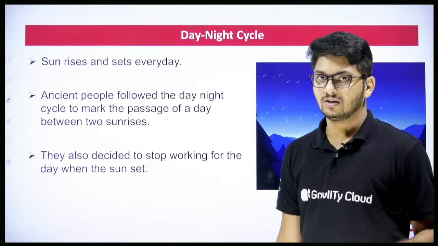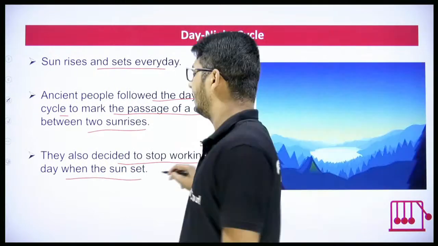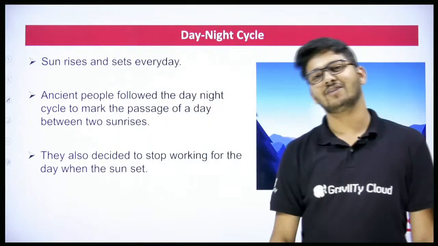The sun rises and sets every day, so ancient people followed the day-night cycle to mark the passage of a day between two sunrises. They also decided to stop working when the sun set, because it becomes dark. So for them, sunset meant they would not work after it.